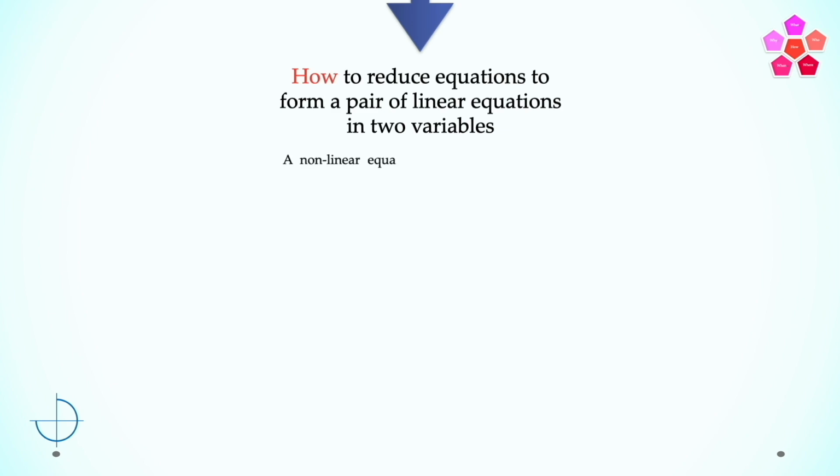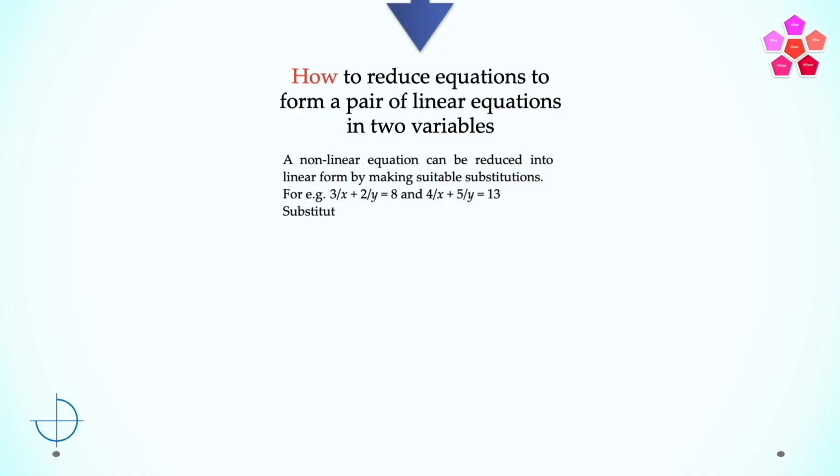A nonlinear equation can be reduced into linear form by making suitable substitutions. For example, let's take 3 by x plus 2 by y is equal to 8 and 4 by x plus 5 by y is equal to 13.